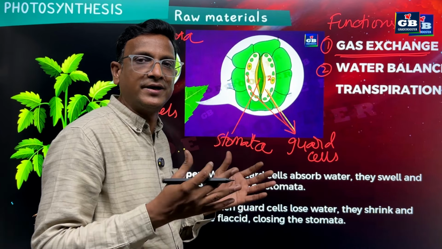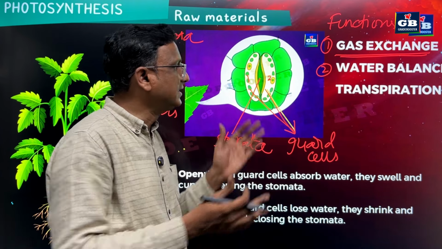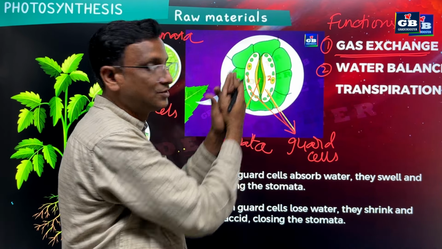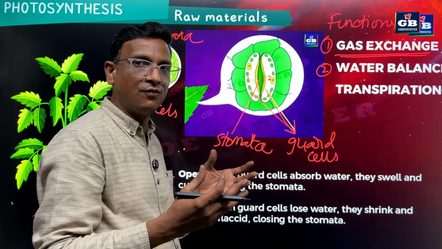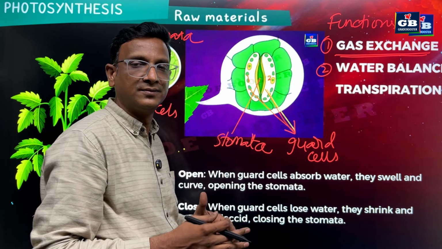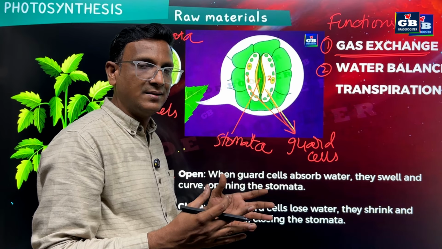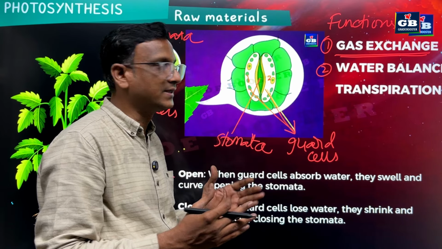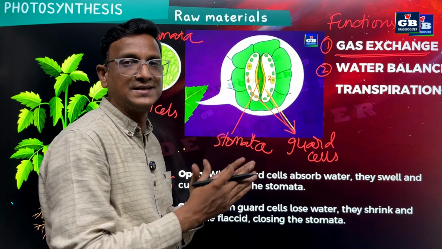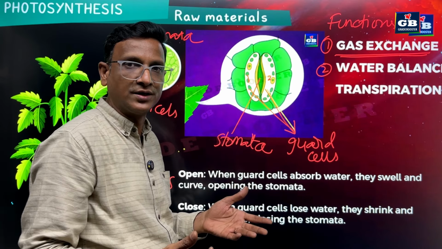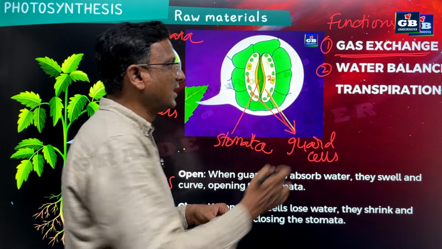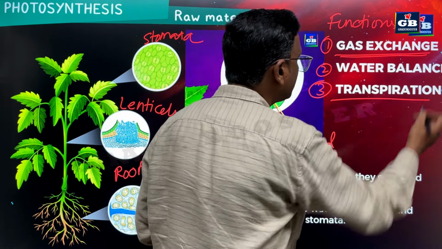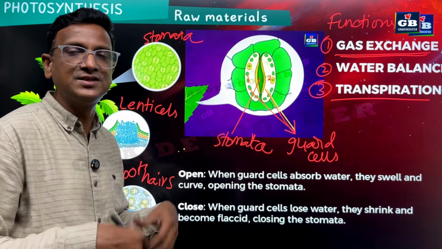If the plant is not having enough water in its body, the guard cells close the stomata. Once the stomata is closed, the release of water vapor stops. So when the plant's body has less water, the stomata are closed to control the balance of water. When there is excess water, the stomata gets opened and the water vapor is released out. And third one, transpiration, the release of water vapor.